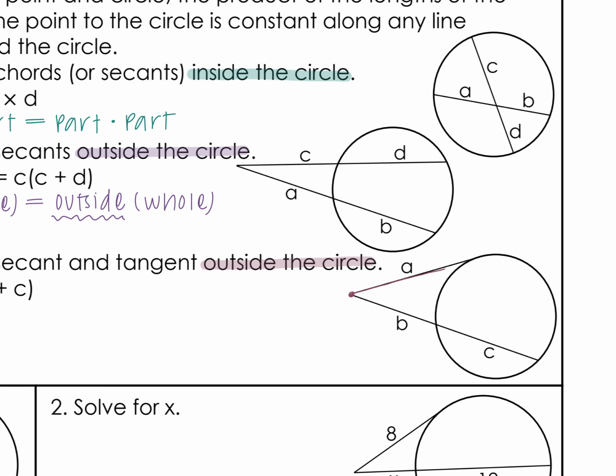In a sense, you are doing the same thing from earlier. You are taking your outside part, A, times the whole length of that line, A. So A times A is where we're getting that A squared. Then for your secant, it's the same idea. You've got your outside length, so B, times the whole, which would be us adding that B plus C.